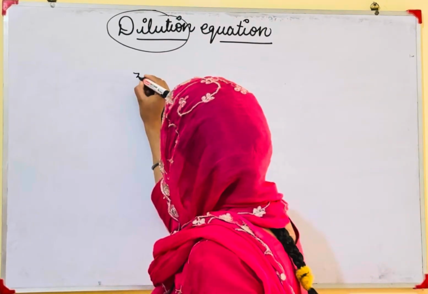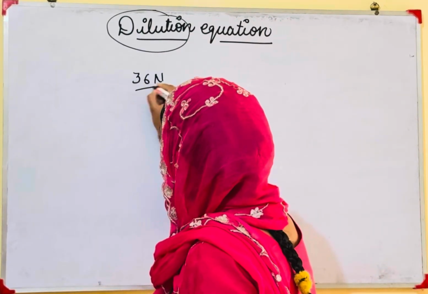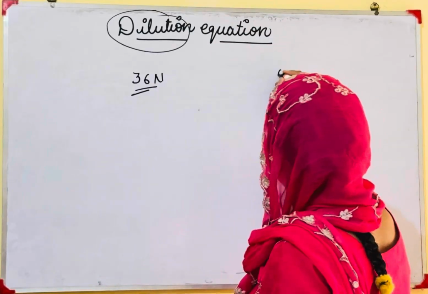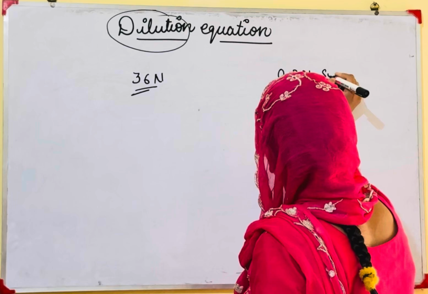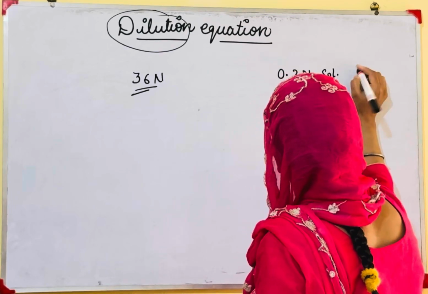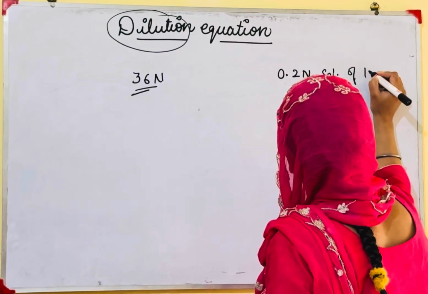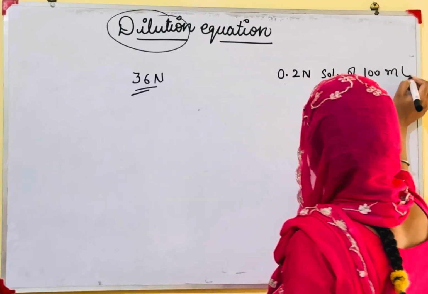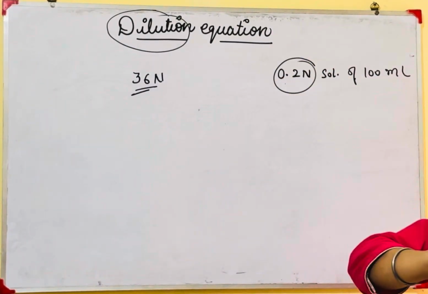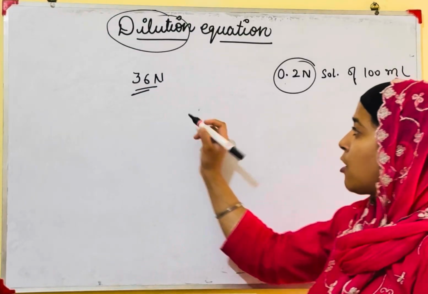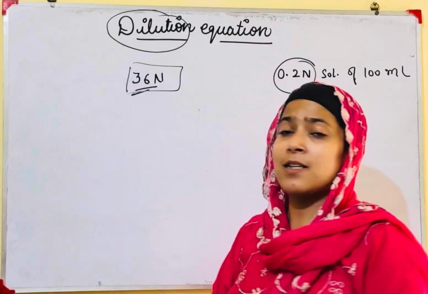Suppose we have a 36 normal solution and we have to make 100 ml of 0.2 normal solution. We have to make 100 ml of solution of 0.2 normality, but we already have the solution whose normality is 36 normal.